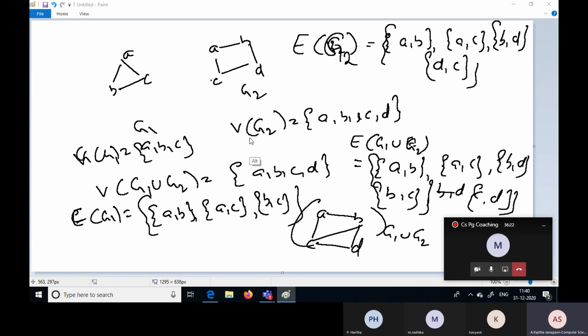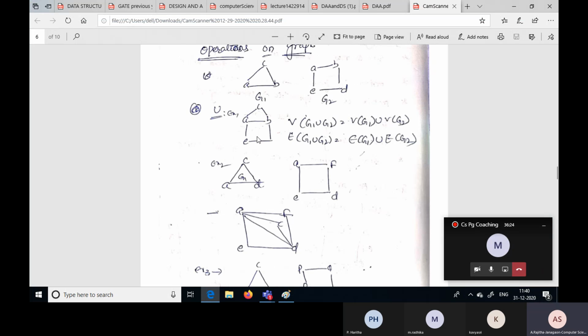Now here this is A, B, C and A, B, E, D. A, B, C is completed. Here you can write, while writing the notes, you can take it as D. And next one more graph: A, D, C, A, E, D, F. A to C is there, A to F is there.